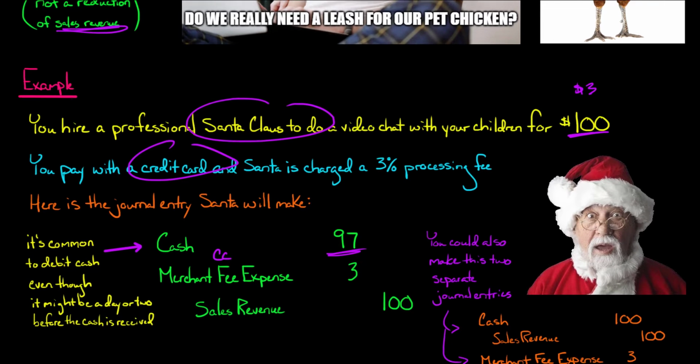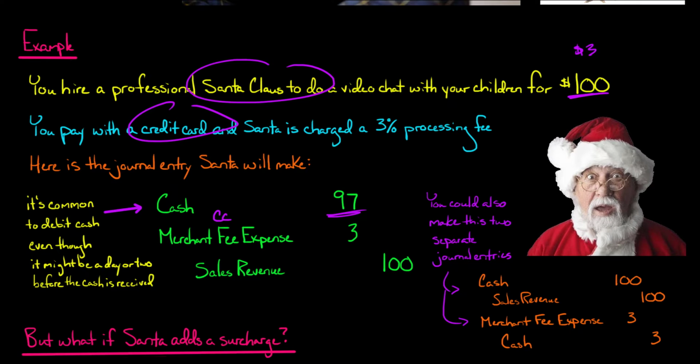Alternatively, you might see some people break this journal entry into two separate journal entries, where you debit cash and credit sales, and then debit the merchant fee expense and credit cash. Either way, you're getting to the same place. The key is there's $100 of sales revenue, even though Santa does not receive $100 of cash here.